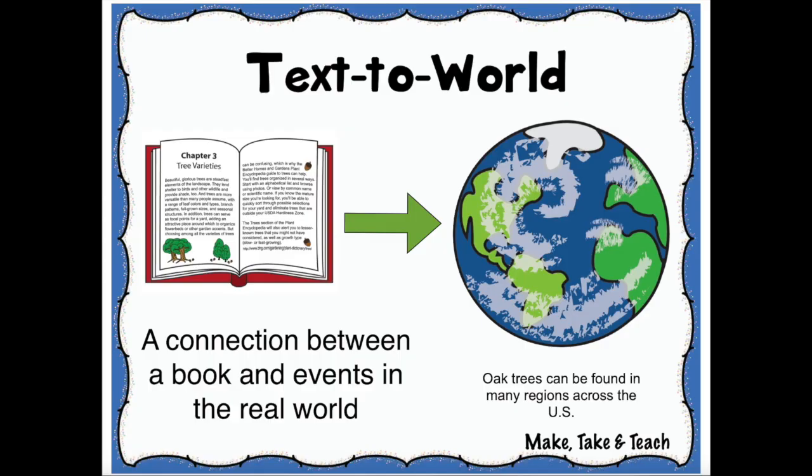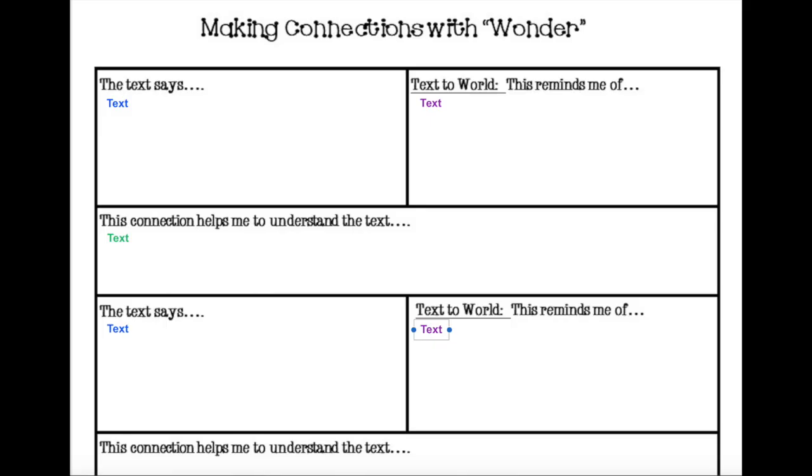So let's get started with our I do. All right, so just like when we were making text to self connections, we are going to be using the making connections with Wonder graphic organizer, but in this one, it has a text to world section. So very similar process. We're going to choose text evidence of what the text says, put it in this section. Then we're going to move on to the text to world section.